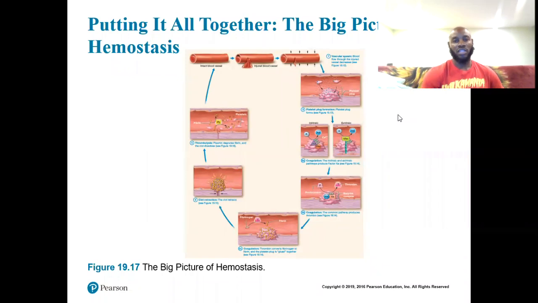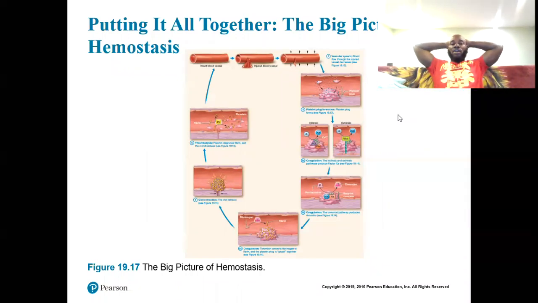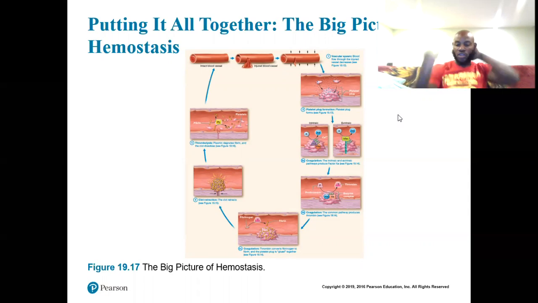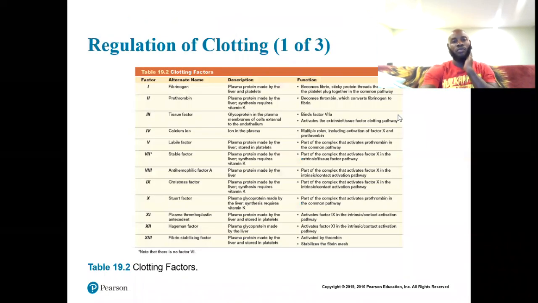This is just a slide that shows the big picture of this whole process. You should go through this and definitely go over it and understand what's going on. There were different regulations of blood clotting and different things that play a role in blood clotting.